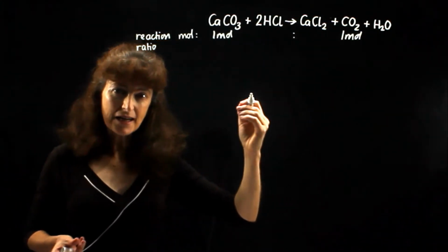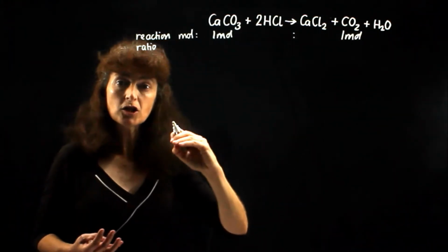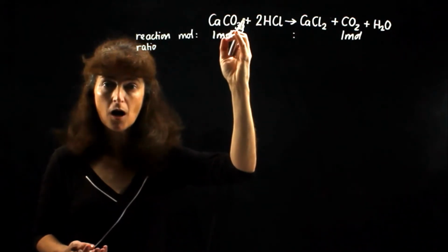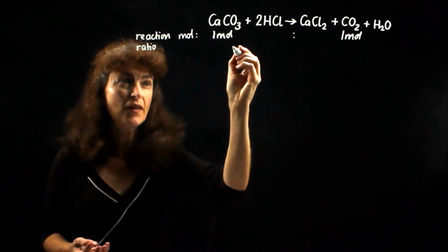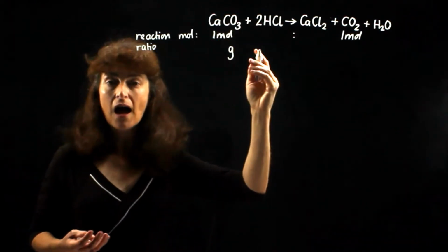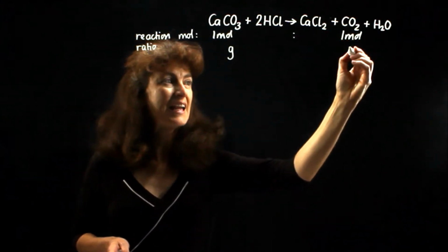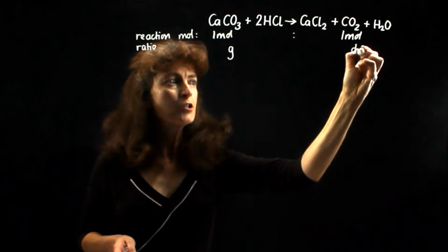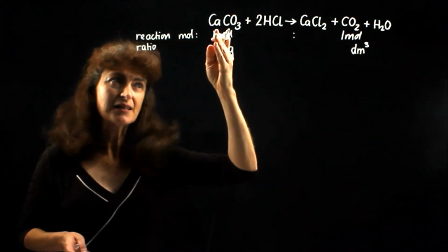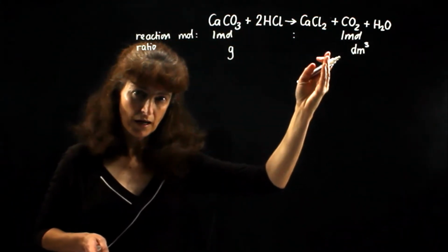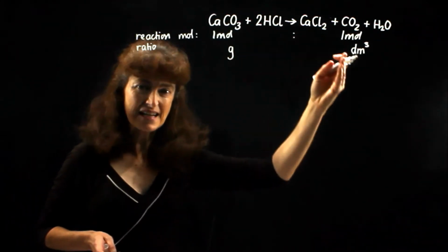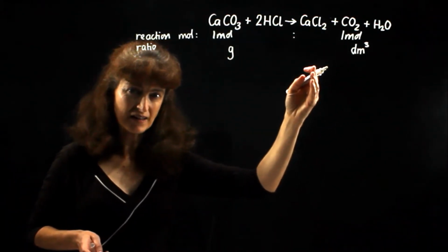But in this particular question, the information we're given about calcium carbonate is not in moles, but rather in grams. And the information we required about carbon dioxide is in decimeter cubed. So let's give this mole-mole ratio in the gram decimeter cubed format.